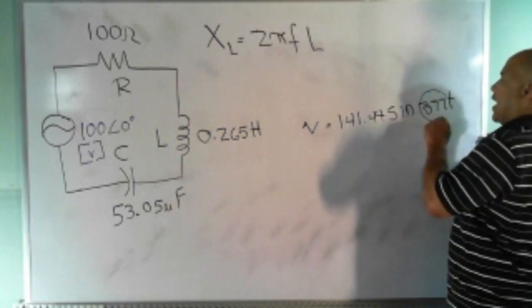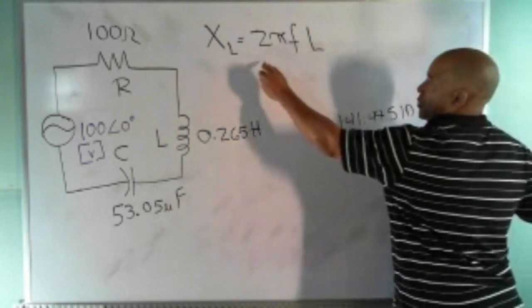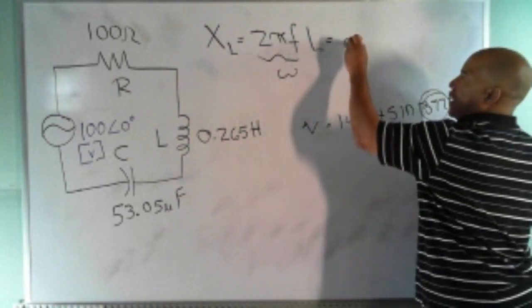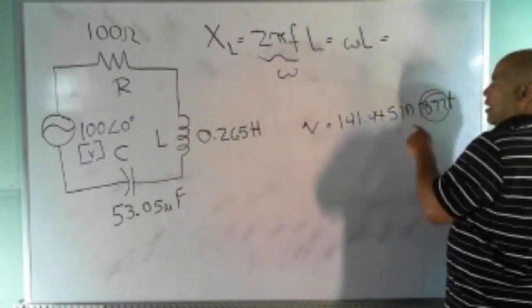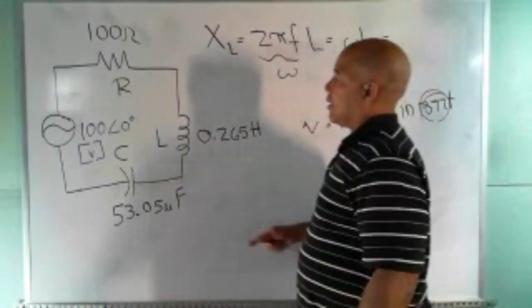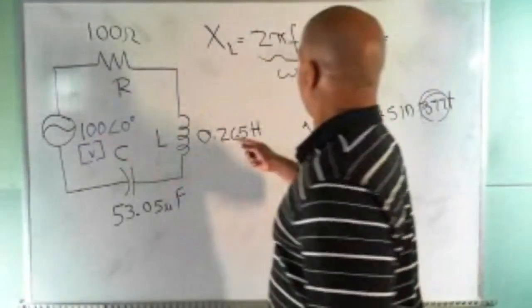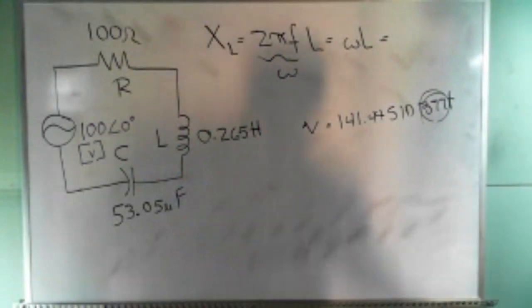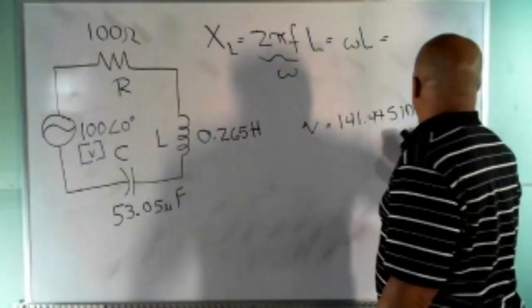So they gave me omega. This right here is really omega, so I can write this as omega L to convert it over. I'm going to use that 377. I thought they gave me frequency. You need either frequency or omega to do that; without it, you can't convert it. So they gave me omega, 377.